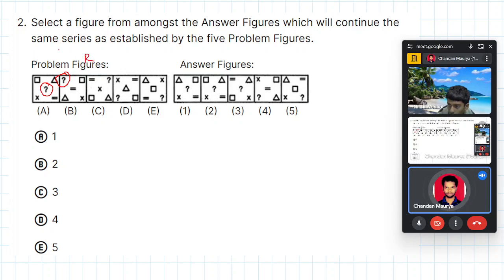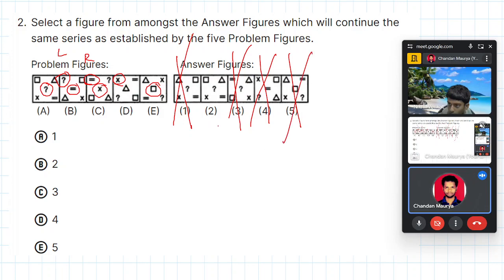So this is my right, this will be my left. Okay, top left corner. Okay, I found a pattern. This equal to went in the top left. This question mark went in the top left. So this is wrong. This is also wrong. This is also wrong.